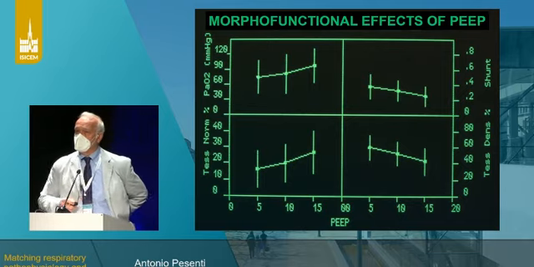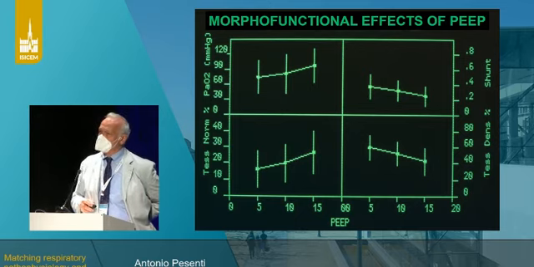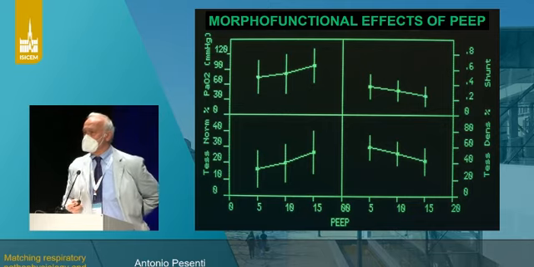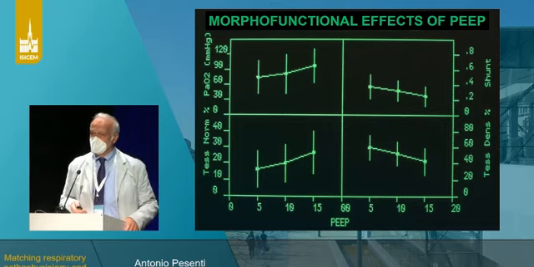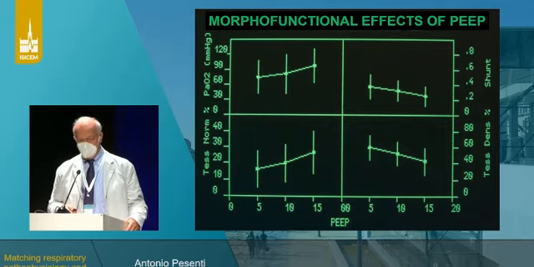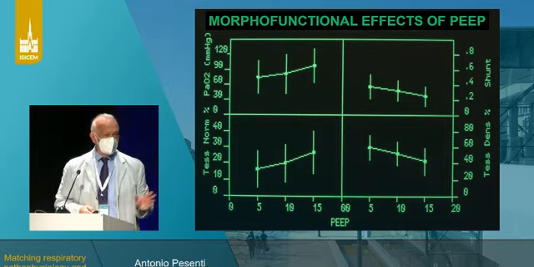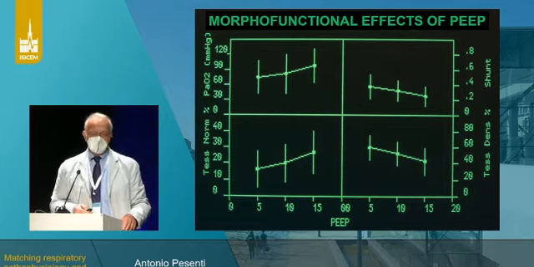And when we apply PEEP in this set of patients, we could see densities decreasing, shunt decreasing, PO2 going up, and normally ventilated tissue going up. Obviously, this is a very specific case. It's not a rule, but you can follow what is going on.